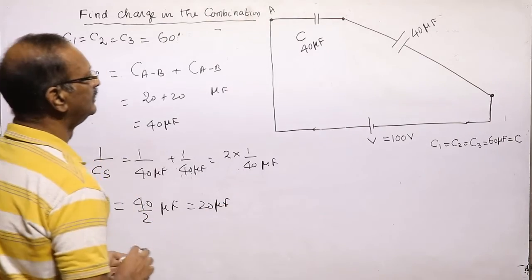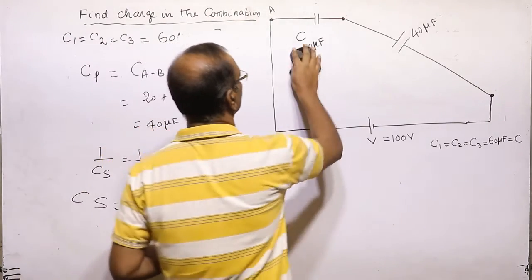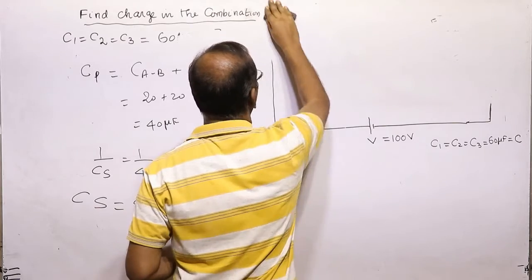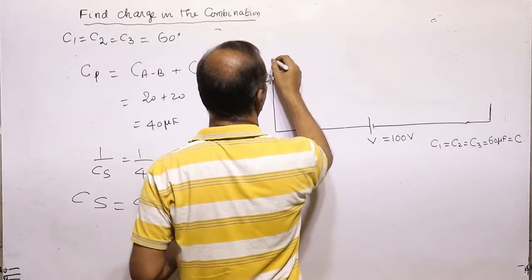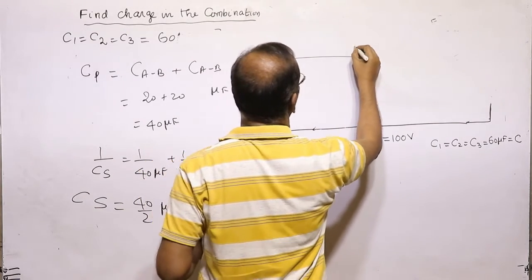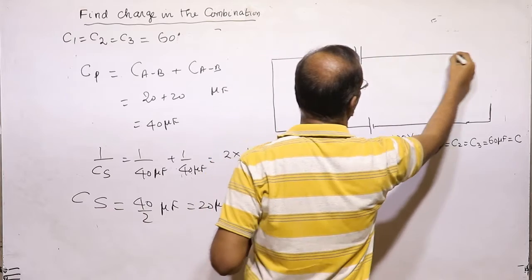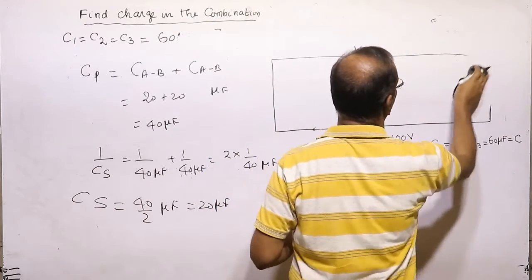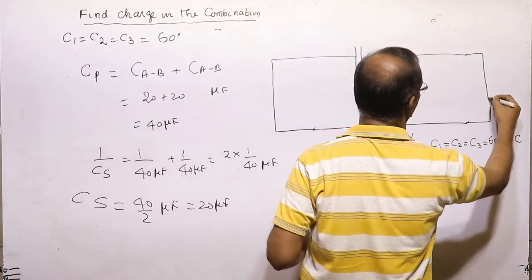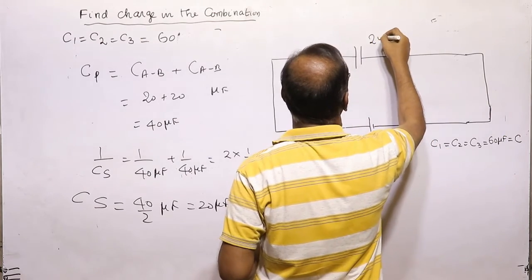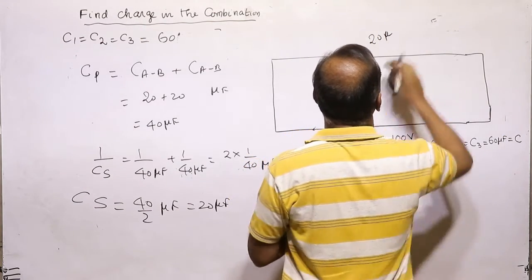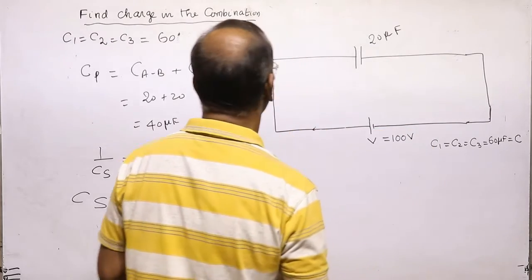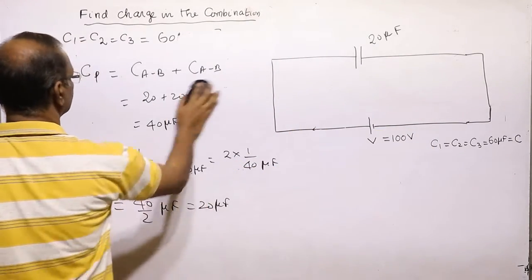So both can be converted to 20 microfarad. This is the equivalent capacitor of the entire section.